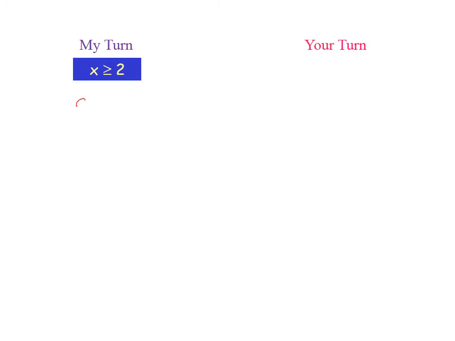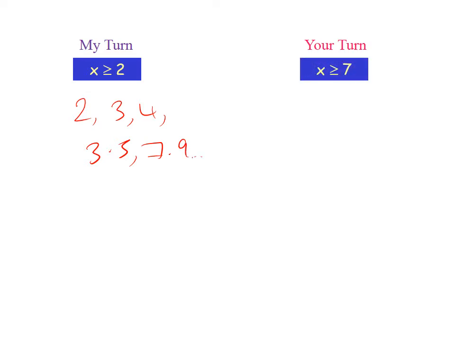X could be 2 itself. It could be greater than 2, 3 or 4. And of course we don't really know if X is a whole number. It could be 3.5 or 7.9 and so on. Now your turn. X greater than or equal to 7. What could X be?